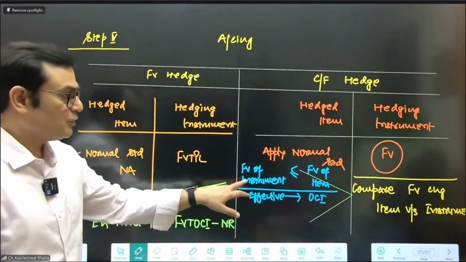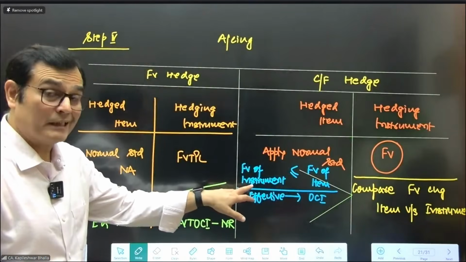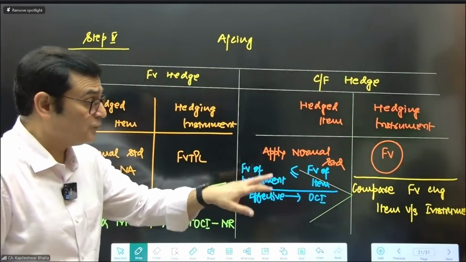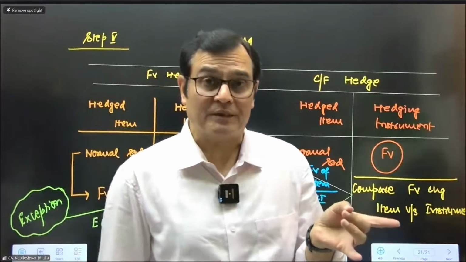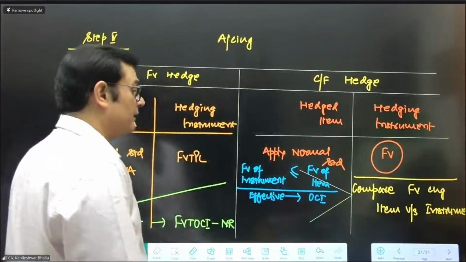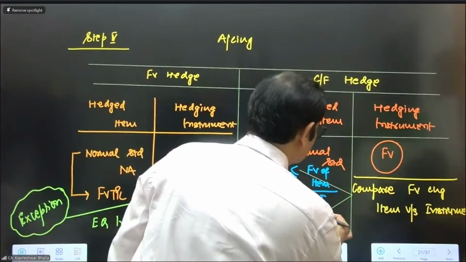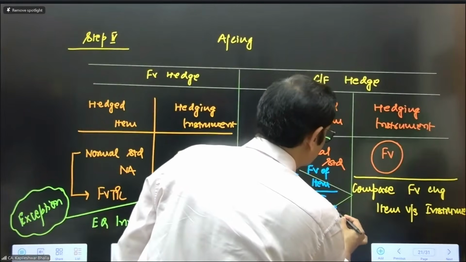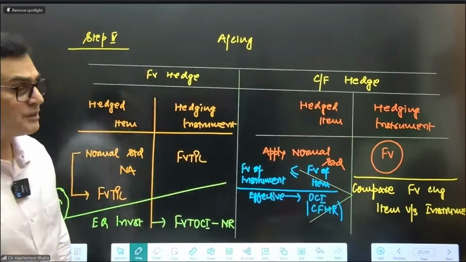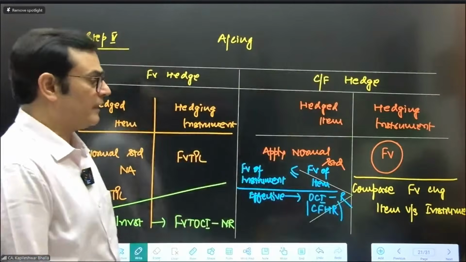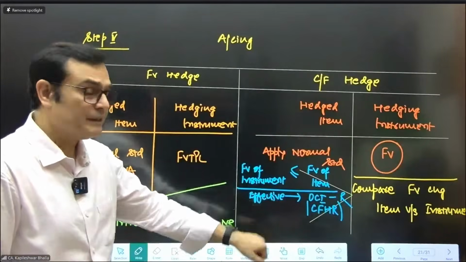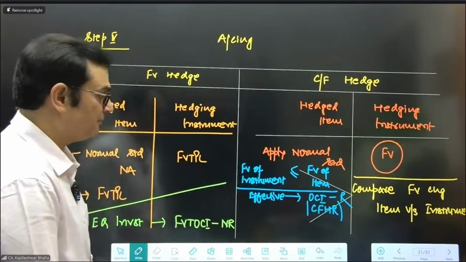So the entire fair value change of the instrument is taken in OCI, that is OCI-R, and it is taken in SOCI, that is the cash flow hedge reserve.